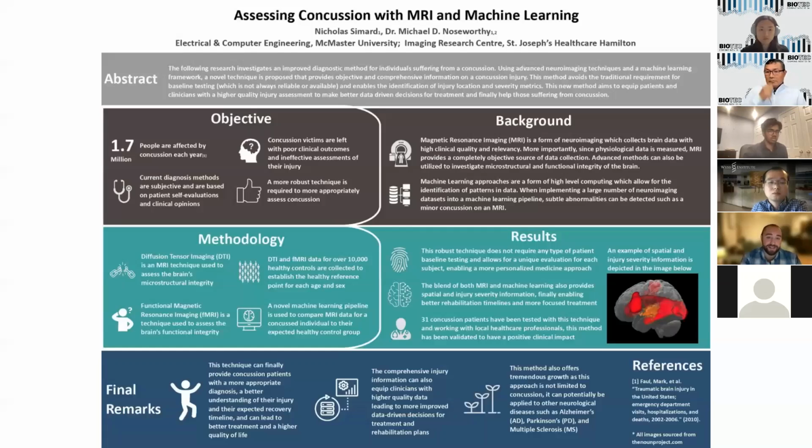Because the power of this technique lies within the large healthy control dataset, defining what is healthy. All in all, it is important that we keep making strides to blend machine learning with expert clinicians to truly make a difference for those suffering from the debilitating disease known as concussion.